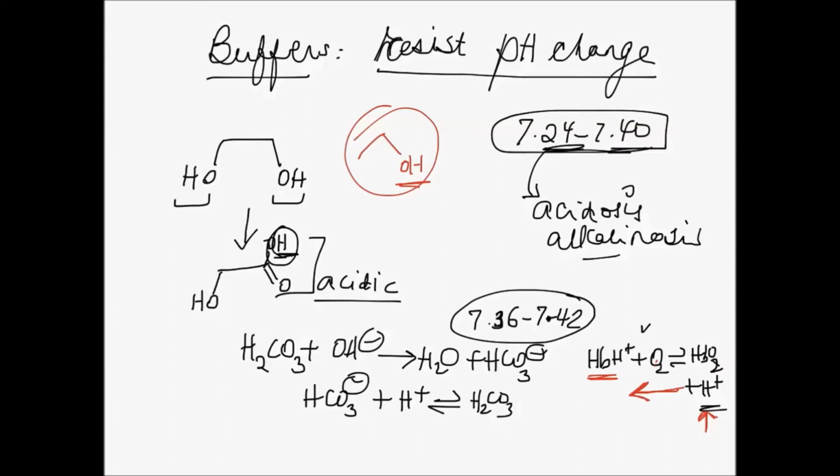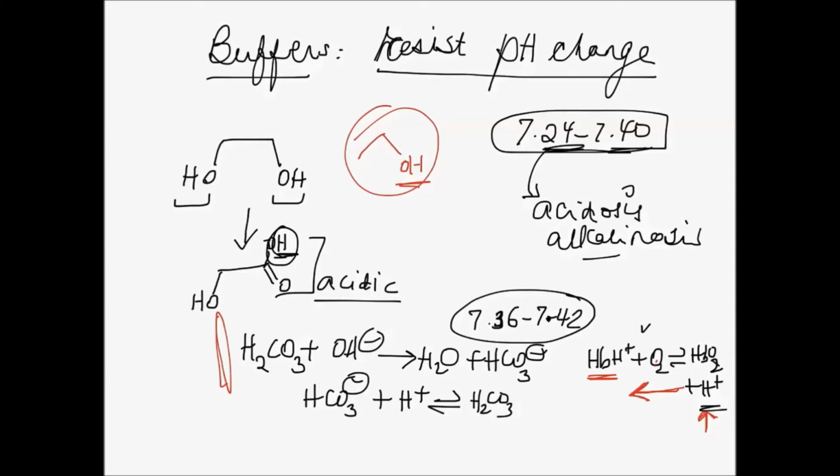So it's going to be excreted through the urine, and we are not going to see the kind of effects that we see in the case of the glycolic acid generated from ethylene glycol.